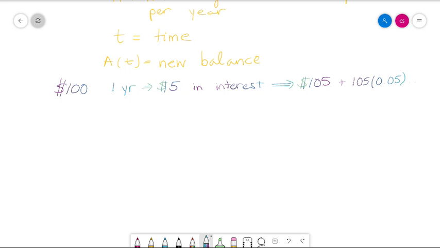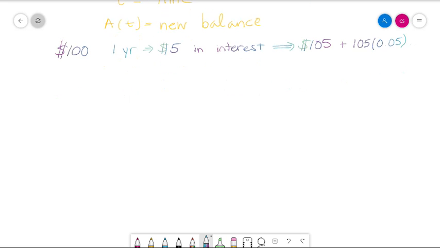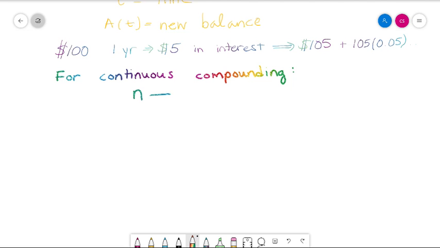Okay, so that's if we're compounding n times a year. We also talked about continuous compounding. So that means every single moment your account is gathering interest. And really, if we wanted to give this a calculus twist, it means that n, how many times a year are we going to be compounding?